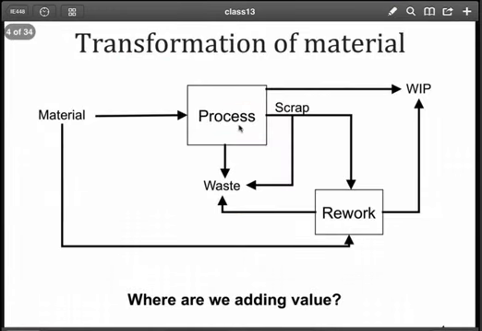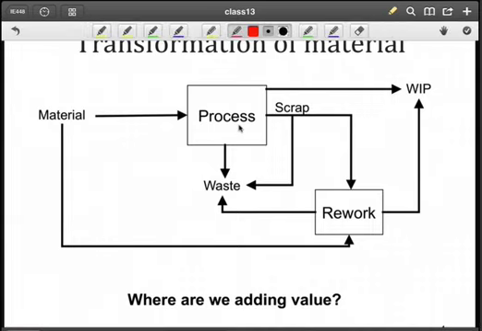So if we look at our process from a modeling point of view, here we have an individual process that is transforming material into what we think is good product. The contents of the process would correspond to some type of manufacturing process that transforms geometry and/or material.